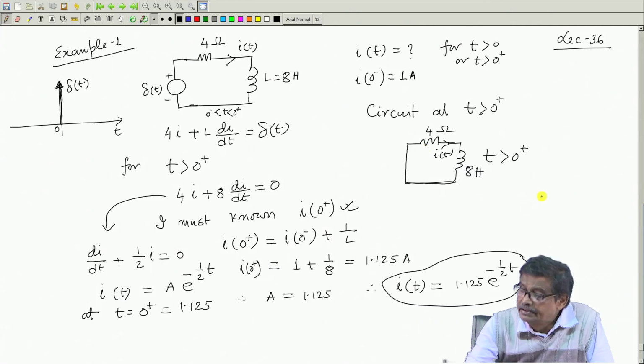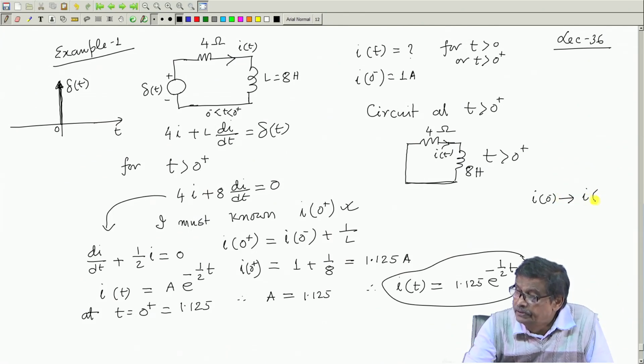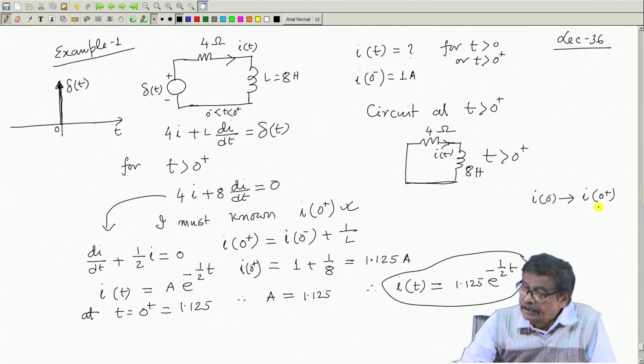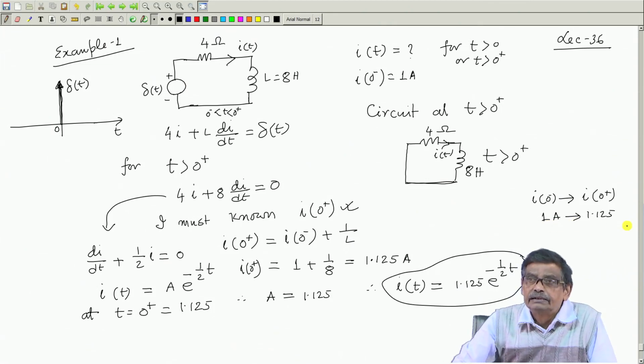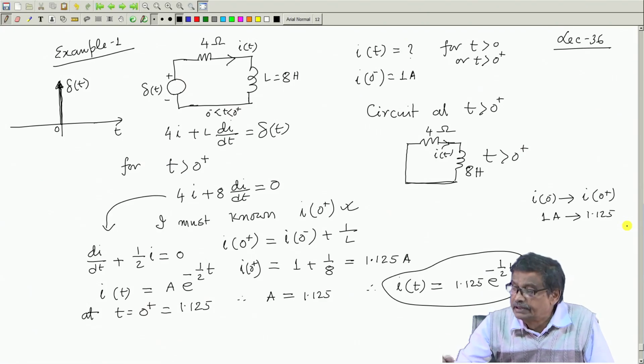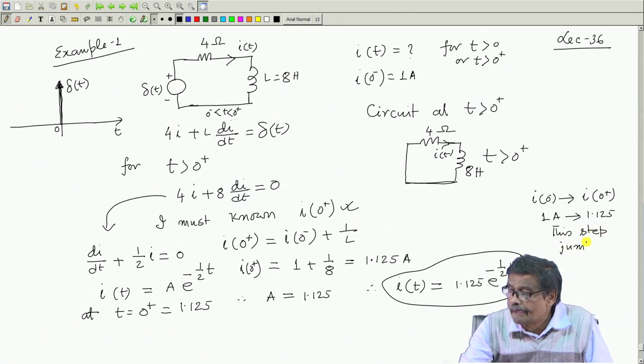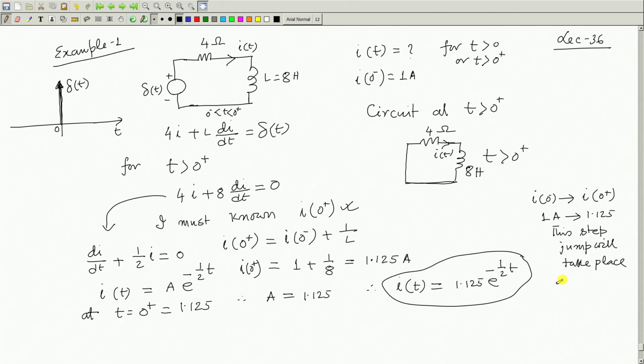That initial current will suddenly jump from I 0 minus to I 0 plus, that is from 1 ampere to 1.125 ampere, and this sudden change, a step jump of I, will take place at t equal to 0, from 0 minus to 0 plus, that is all.